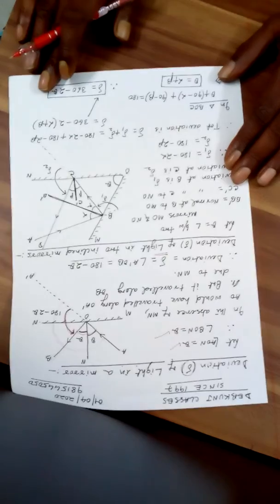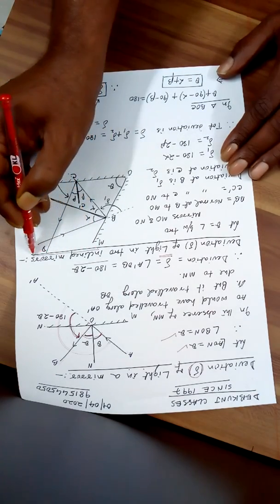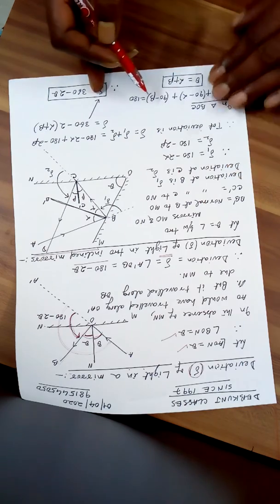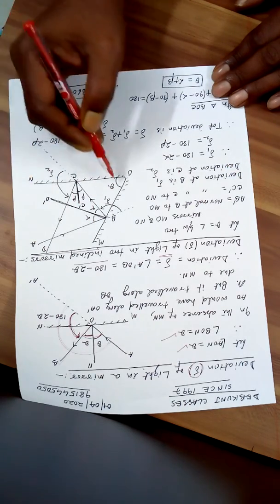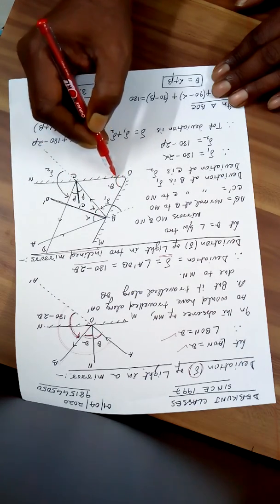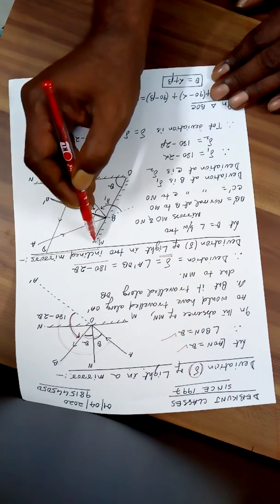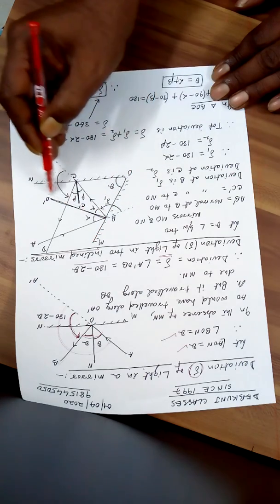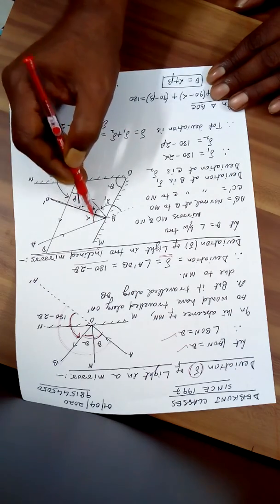Now instead of one mirror, if we have two inclined mirrors, then what is the deviation? Now look, MO is one mirror, ON is another mirror. They are inclined, the angle between them is theta. AB is the incident ray. At this point I draw a normal BB dash. Let this be the angle of incidence, alpha.